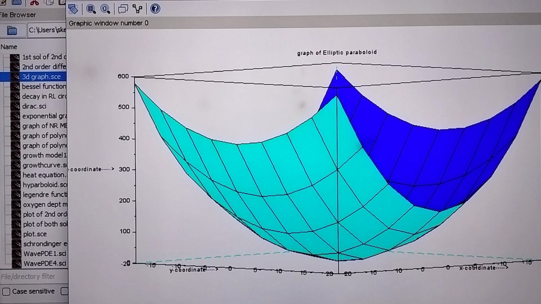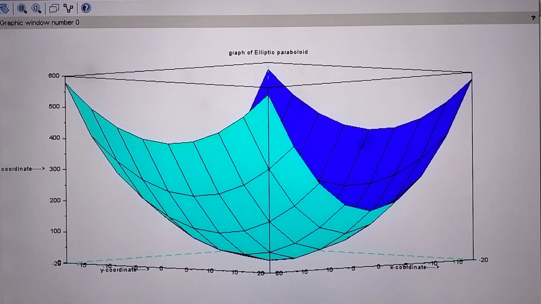This question was set in Utkal University, in the first semester math honors for BSc students. This question was set three times perhaps.